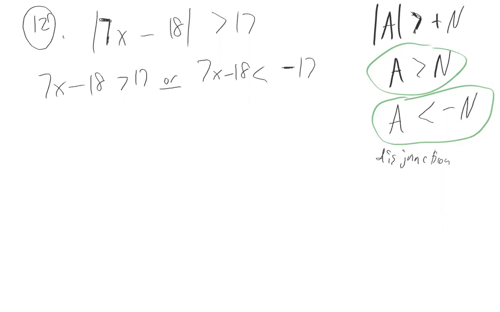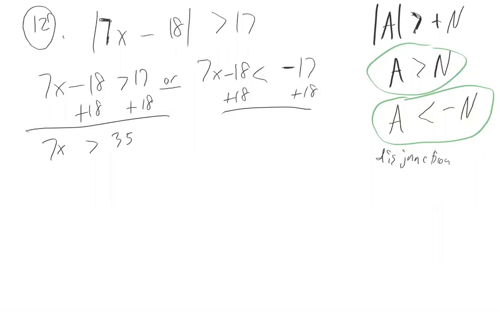Now, I'll go ahead and add 18 to these inequalities. Then I'll get 7x is greater than 35, and 7x is less than +1.